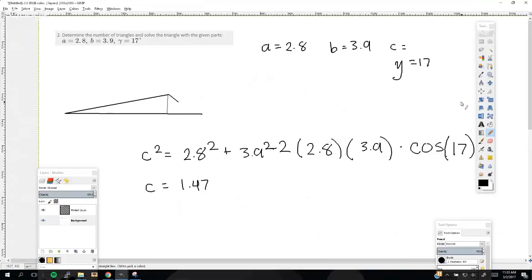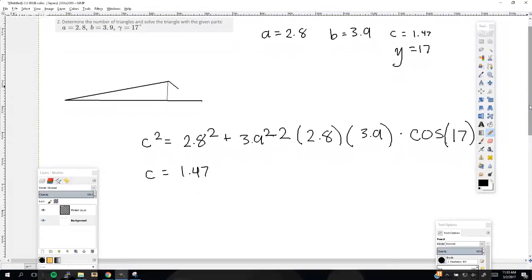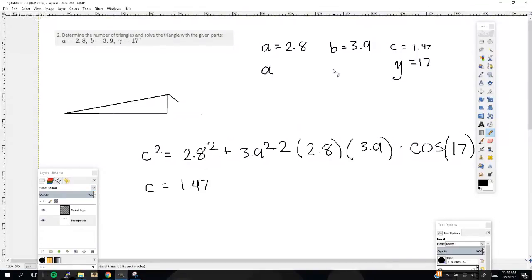Yeah, sorry. So 1.47. Okay, perfect. So then you would know what C is. That might help some. Now you can start figuring out the other angles.